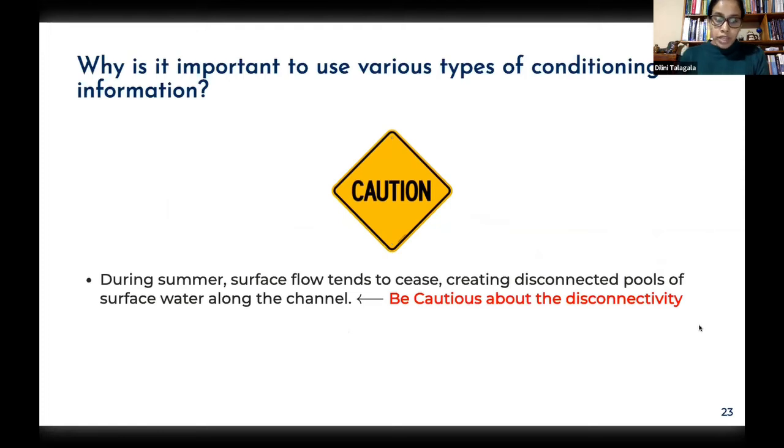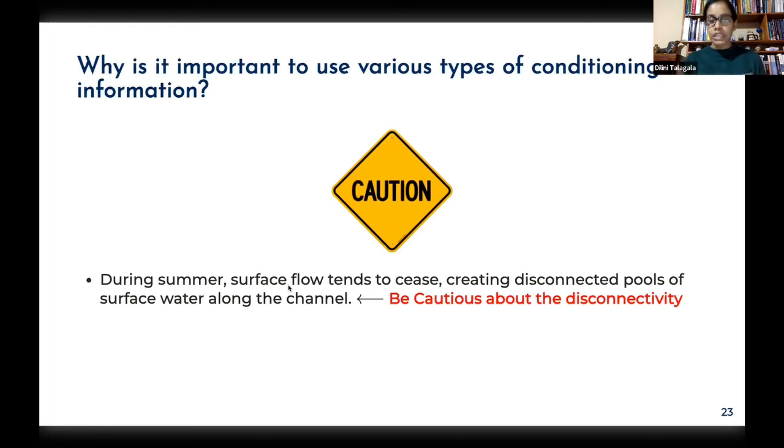When we observe our Finger Tree data, we realize that during summer there's a discontinuity between these two sites. During summer, surface flow tends to cease, creating disconnected pools of surface flow water along the channels. In such situations, you will not be able to see a connection, a communication between your upstream and downstream. In such situations, we cannot use our third conditioning. Then we have to rely on our previously proposed algorithms that are based on the first two conditioning types.